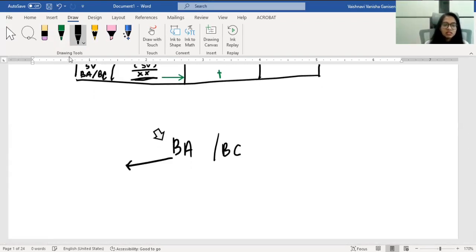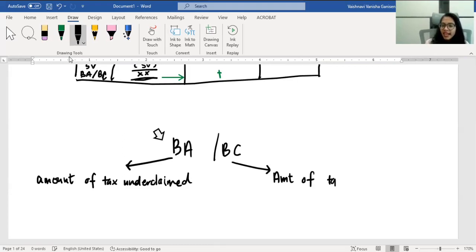Balancing allowance is the amount of tax underclaimed. Balancing charge is the amount of tax overclaimed.